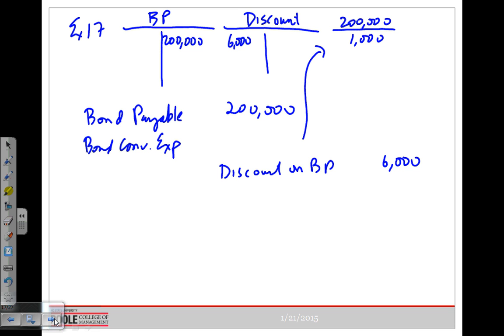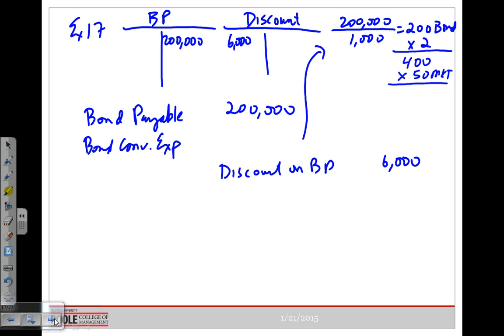So that means that there were 200 bonds, and each bond was given 2 additional shares of common stock in order to convert. 200 times 2 is 400 additional shares of common stock to issue to induce conversion, and each one of those shares had a $50 market value.